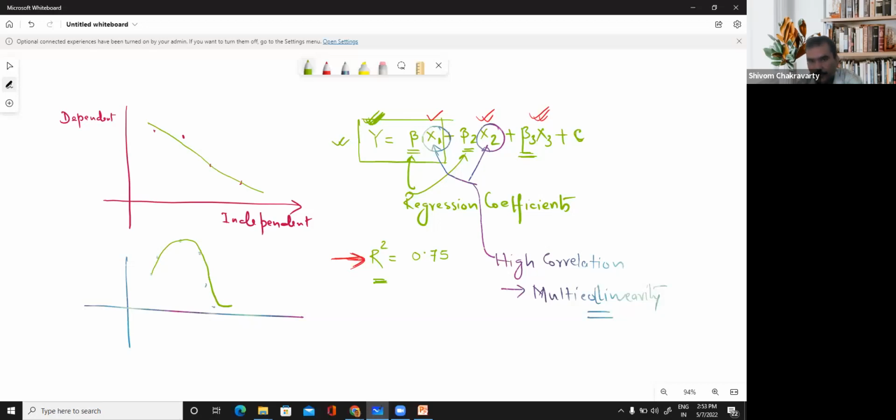If we try to fit a line to this second data set, then our R square will be very less. But we can see from the graph that there is some pattern, there is some trend. So in that case, we can use non-linear regression. Non-linear regression makes more sense here.